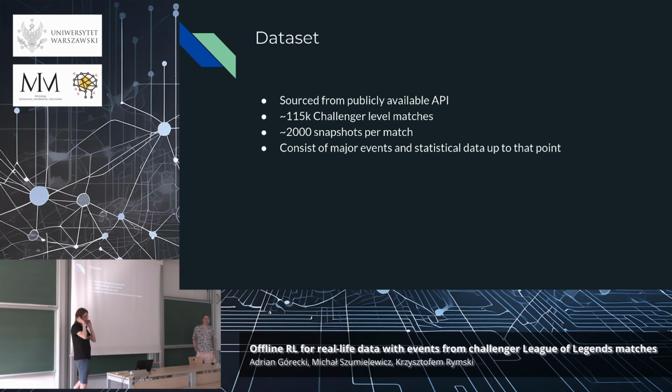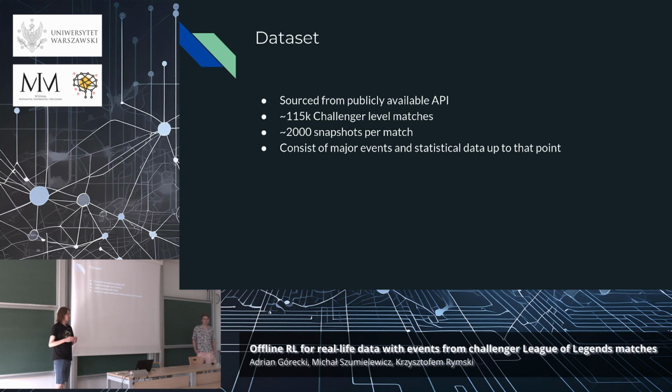Okay, so let's first start with what data we worked on. As mentioned before, we sourced everything from the publicly available API. In the end, we worked on just a bit over 115,000 matches on Challenger level.